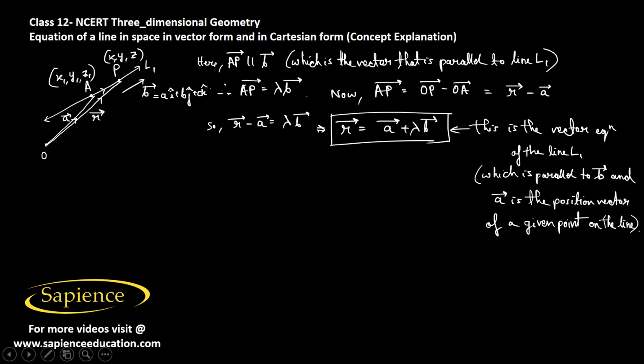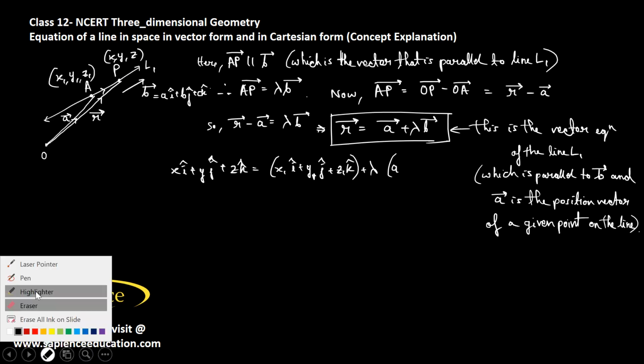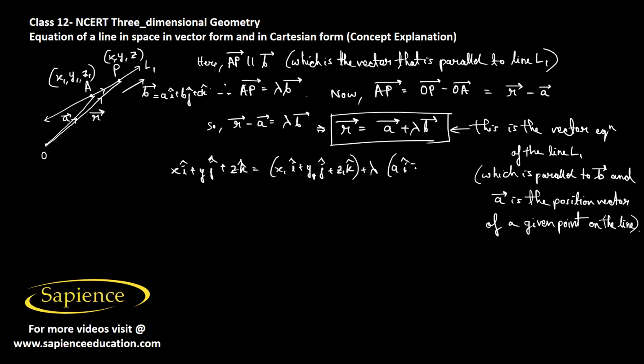Okay. So now this R vector is equal to x i cap plus y j cap plus z k cap. So that would be equal to A vector, which is x1 i cap plus y1 j cap plus z1 k cap, plus lambda times B vector, which is a i cap plus b j cap plus c k cap.